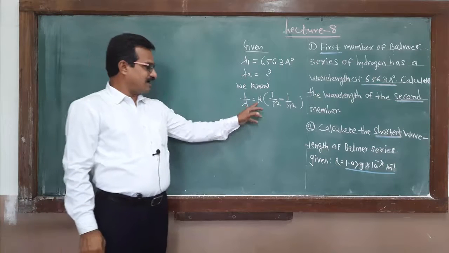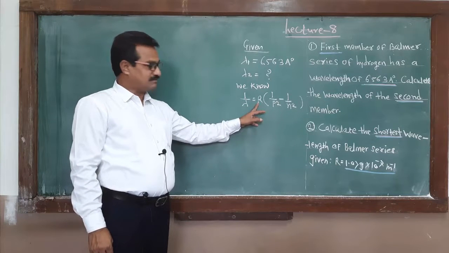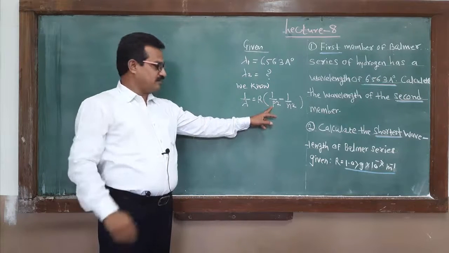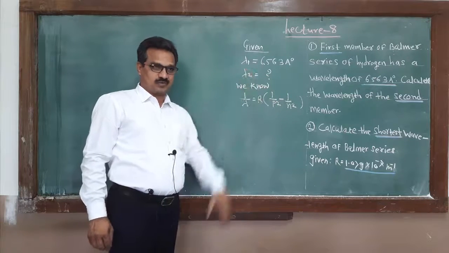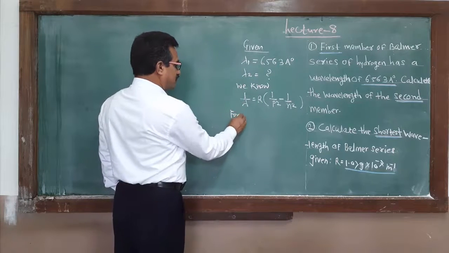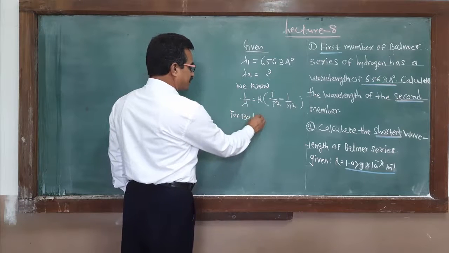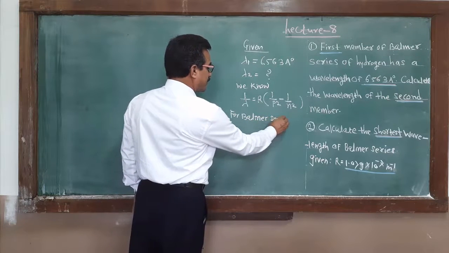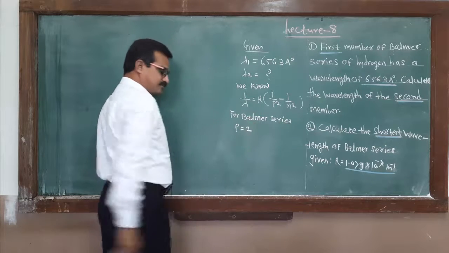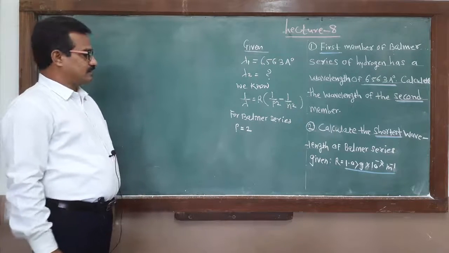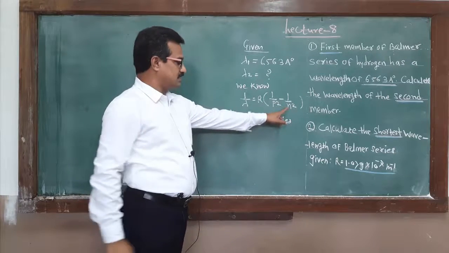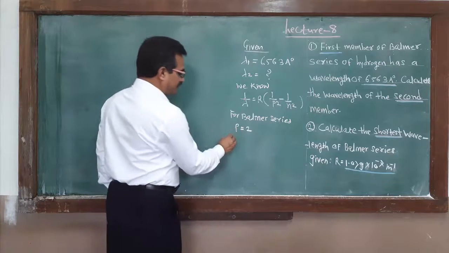In this formula, R is the Rydberg constant, that is a constant value, P is the inner orbit and N is the outer orbit. For Balmer series, inner orbit P is equal to 2.